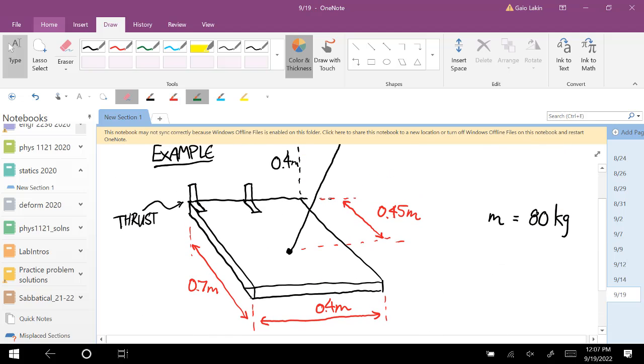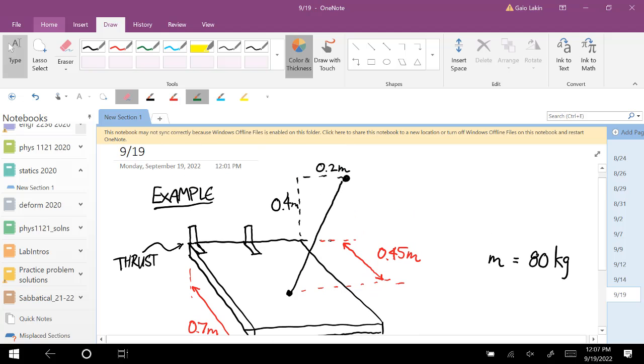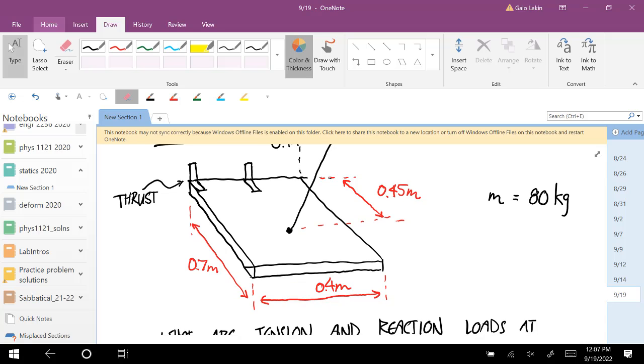All right, well, the first thing we have to do is choose a coordinate system. Usually on 3D problems that I get out of textbooks, the coordinate system is chosen for you. Let's do one where the x-axis comes out this way.